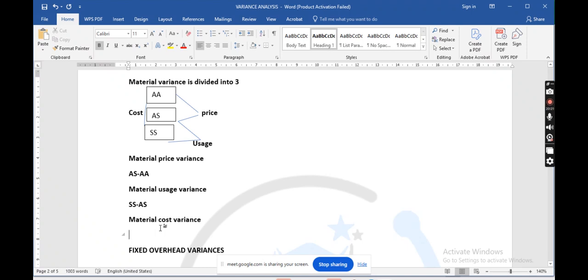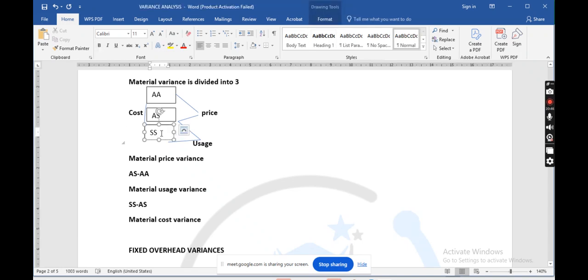Now, if this is established, the material cost variance, I've said it several times that material cost variance is the addition of your material price and material usage, right? Material price is divided into two. In the price, we compare the AS to AA.